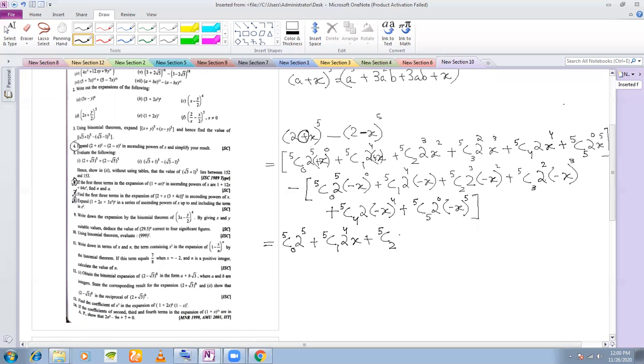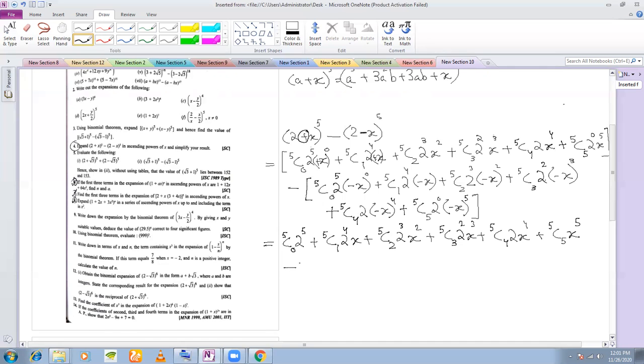We are simply opening the brackets. We're not simplifying at all. Plus 5c3 2 square x cube plus 5c4 into 2 into x to the power of 4 plus 5c5 into x to the power of 5. 2 to the power of 0 is 1.